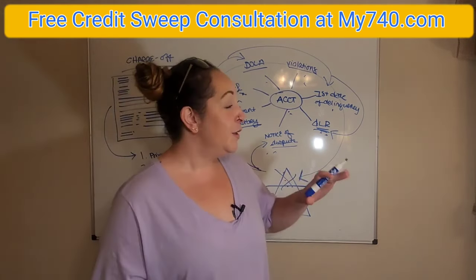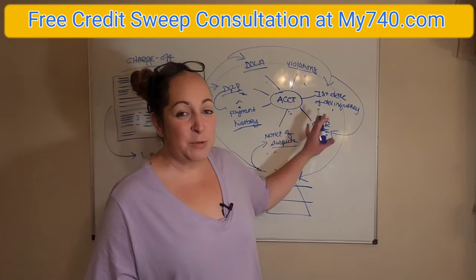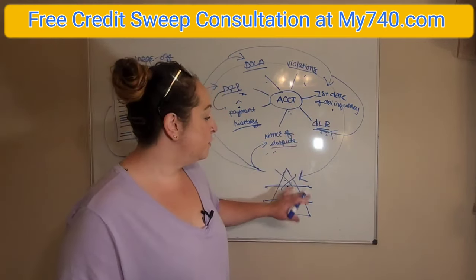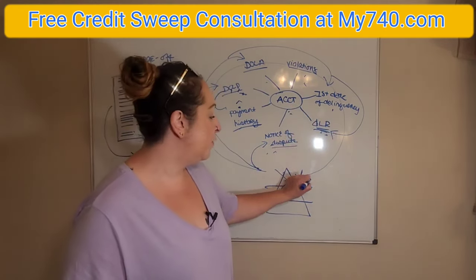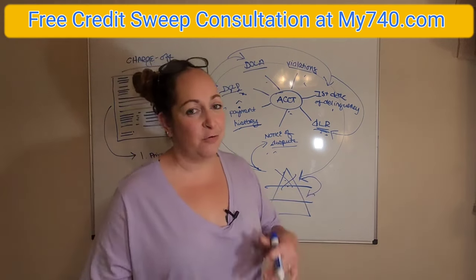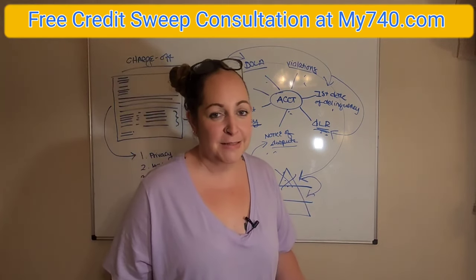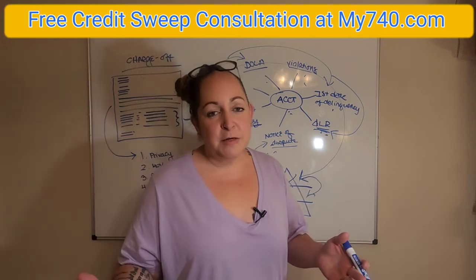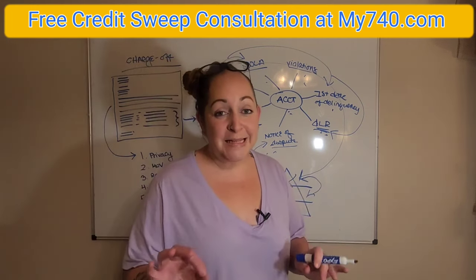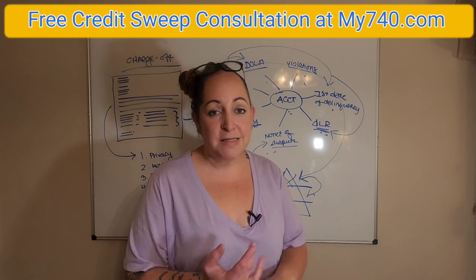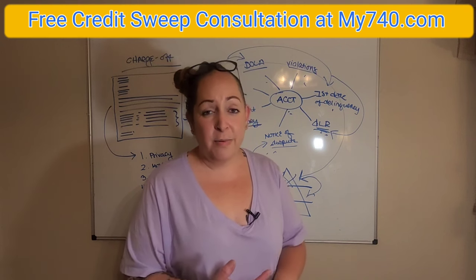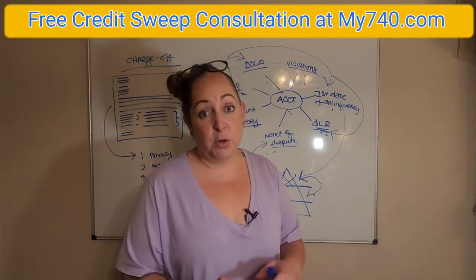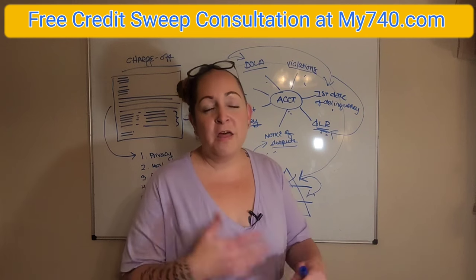So if you can, you want to be able to get one of these dispute reasons to be able to remove your account. Because once we go down here, now we're dealing with stuff that really doesn't have a lot of impact, and you're going to get further away from a deletion. A couple examples would be, unless they're blatantly inaccurate, balance, past due, high balance, unless it's lower than the balance, limit, things like that.